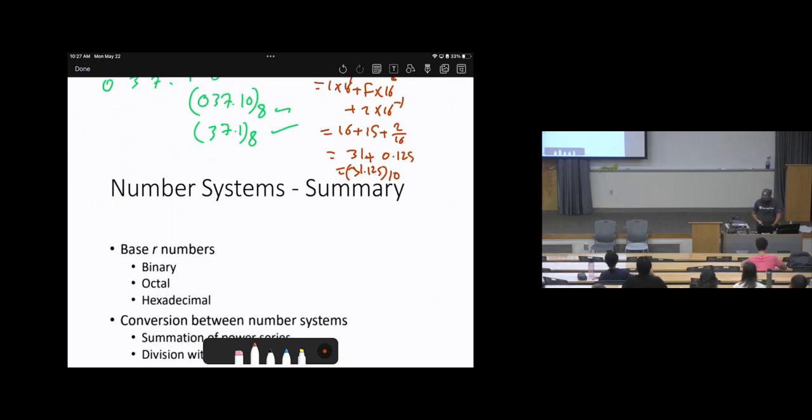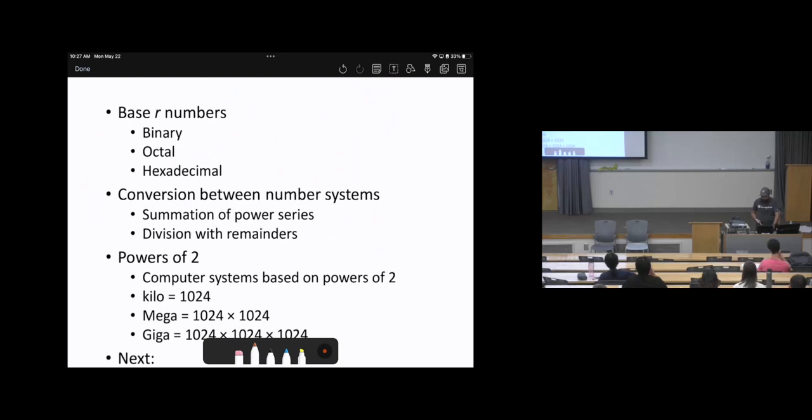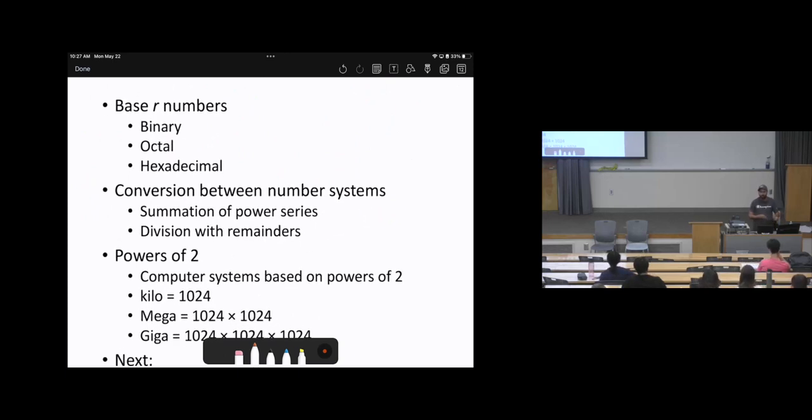Okay. In summary, for any base R, we can use the radix representation. No matter if it's octal, hexadecimal, or if someone creates his own system with 10 digits or 15, 17 digits, you need to make sure how to create the symbols for each number. But you can build your own system using the radix representation.